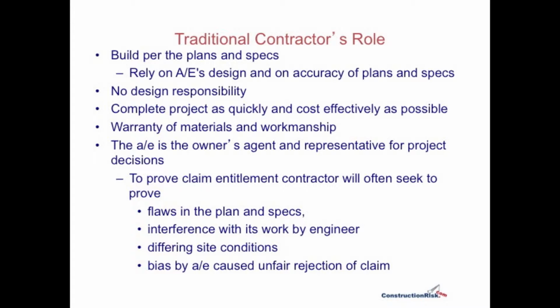And sometimes we'll see claims that there was bias by the design professional that caused an unfair rejection of any number of things, their equipment, their substitutions, their value engineering, or even rejection of their change order requests. So these are the types of things that we sometimes see lead to claims by contractors.